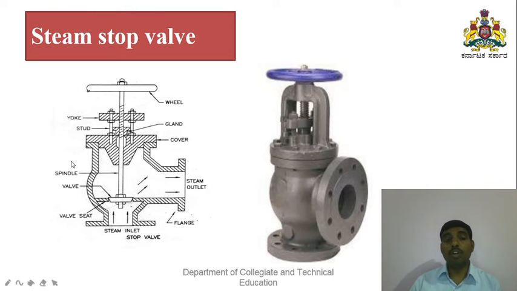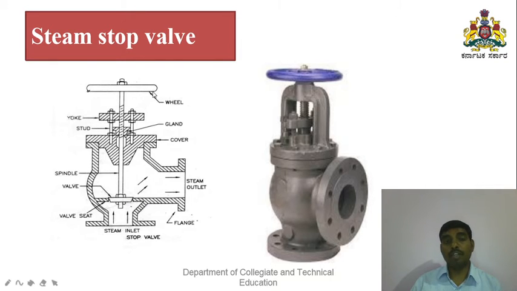This is how the steam stop valve is constructed. Here the steam stop valve has a valve seat, a valve and a spindle. For that we have a yoke and stud mechanism with a gland for tightening or adjusting the placement of the valve in the valve seat.